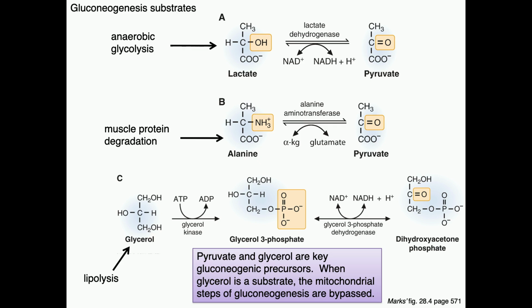The glycerol 3-phosphate can be interconverted with the triose phosphate steps, dihydroxyacetone phosphate and then glyceraldehyde 3-phosphate. So when we're using glycerol as a substrate for gluconeogenesis, we can go into the gluconeogenic pathway further north than pyruvate, if you will. I think that'll be clear towards the end of the hour.